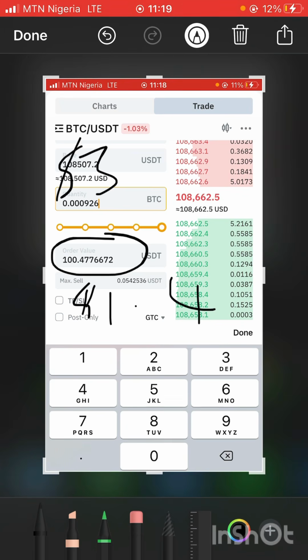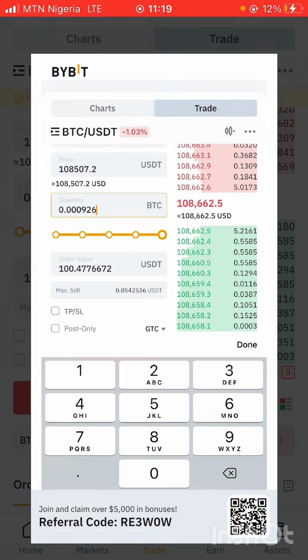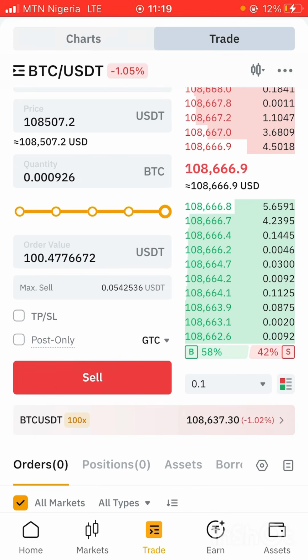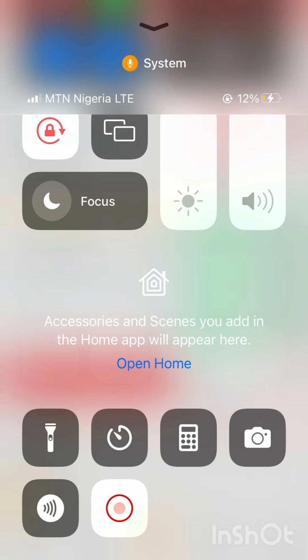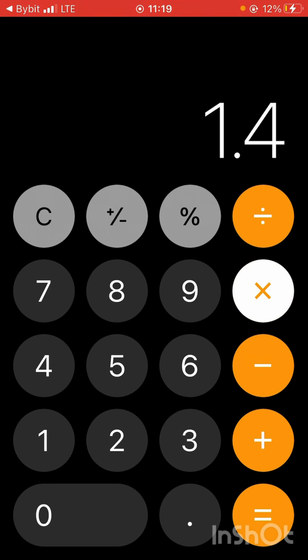Some of you have $1K, some have $500, some have $2K, $5K, to do this. And most of you have this money lying dormant in your account. So for example, say you are doing this with $500. If you are making $1.4 on your $100, and you do this 5 times, that 5 times of it should be $500. That means you are making $7. This is after your charges.